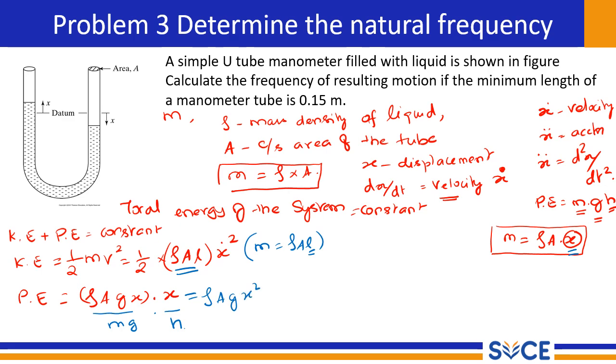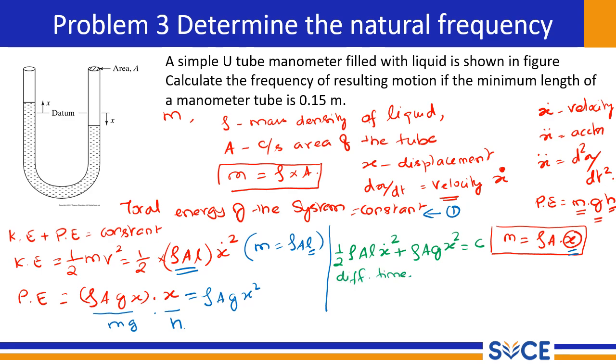Now we substitute this, since the total energy of the system is constant. So half rho A L x dot square plus rho A g x square equals C. We have to differentiate this with respect to time in order to get the natural frequency.